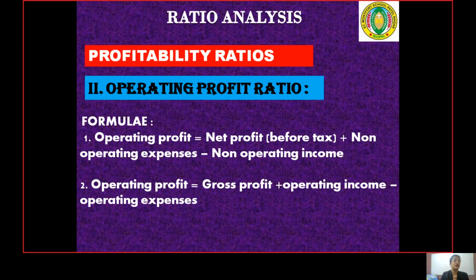So these things are called operating expenses. And non-operating items are income or expenses for the business that are not directly related to the core nature of the business. That's the reason they are called non-operating.